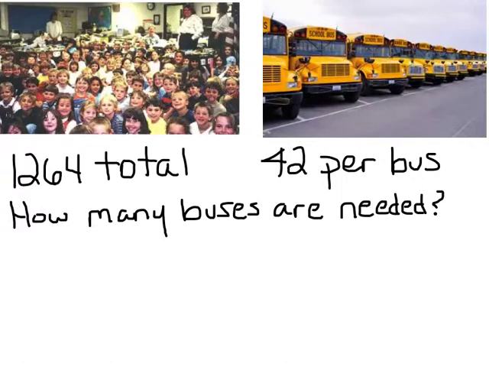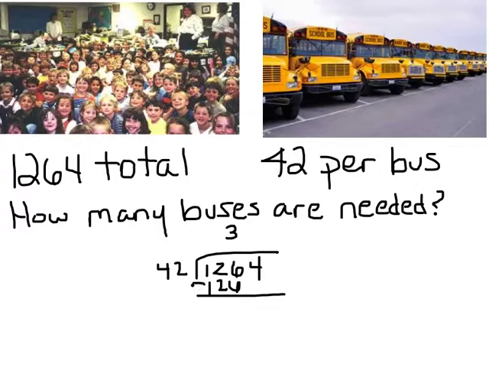We're going to say 1264 divided by 42, and 42 won't go into 1 or 12, but it will go into 126 about 3 times, and then I multiply 3 times 42 is exactly 126. I subtract, 0, and then I bring this 4 down.